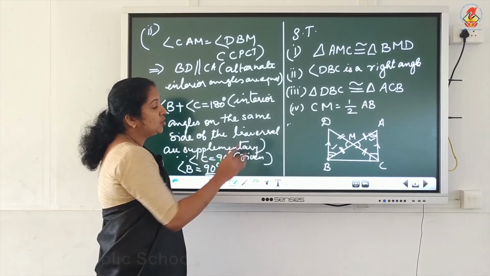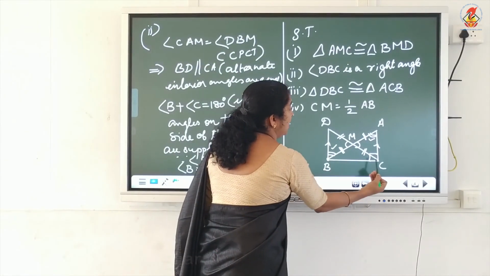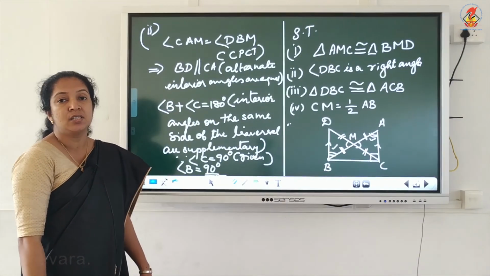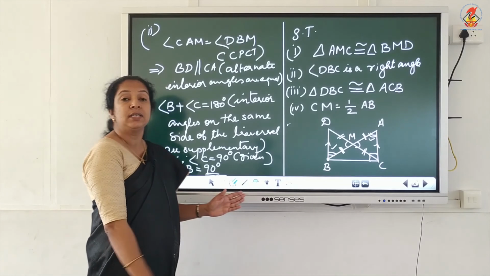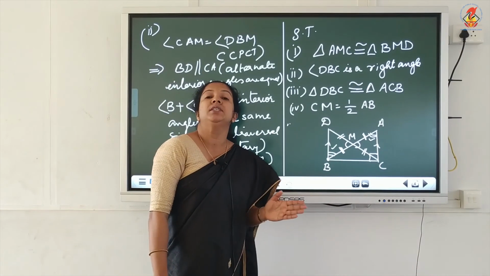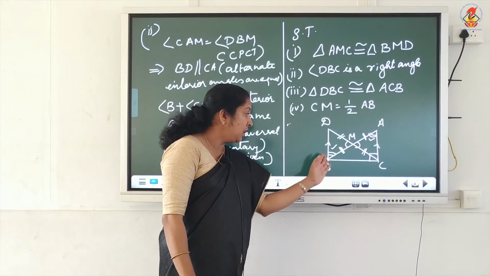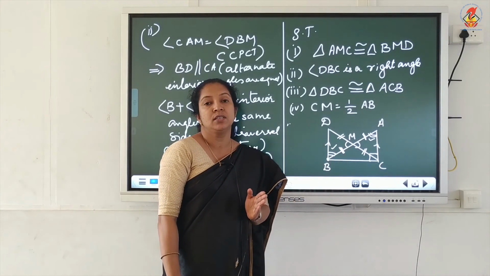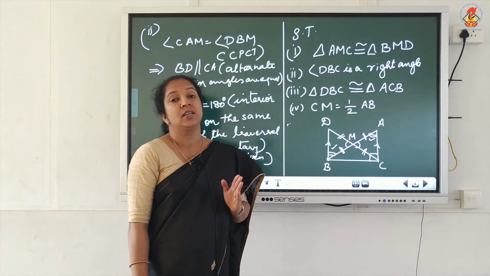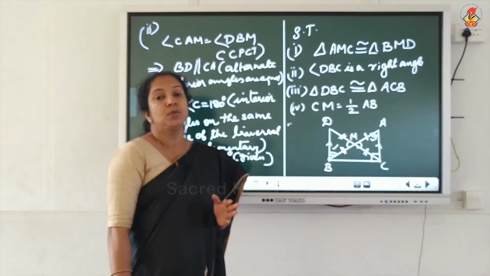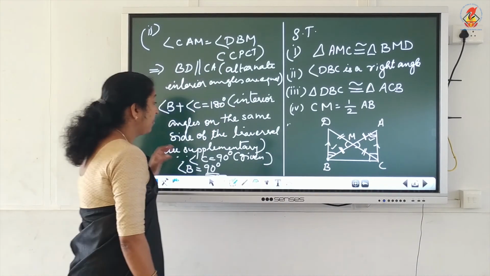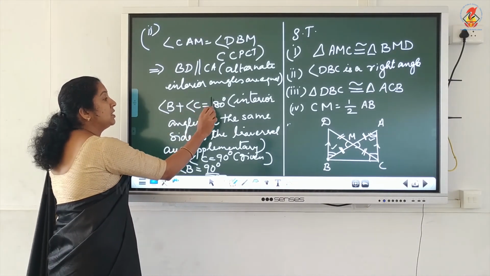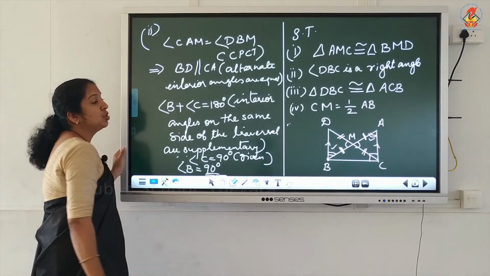So, we can say BD is parallel to CA using alternate interior angles are equal. If these two sides are parallel, angle B and angle C are co-interior angles or interior angles on the same side of the transversal. They are supplementary. So, angle B plus angle C is equal to 180 degree. Already angle C is given as 90. So, angle B is also 90 degree.